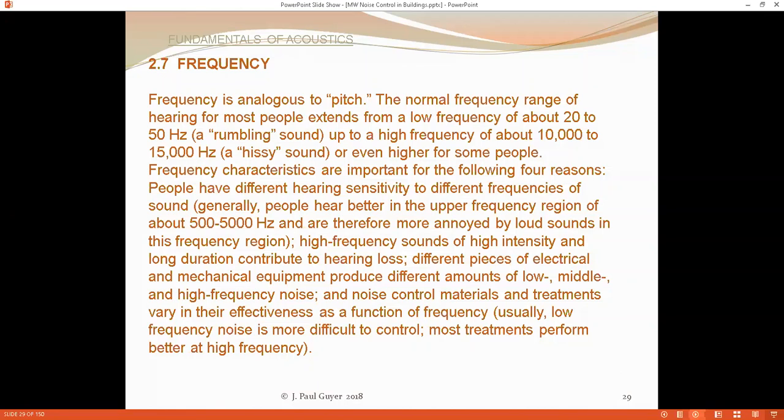Now, frequency is important here in noise control in buildings and in talking about what people perceive. The human ear perceives sound in the frequency range from around 50 hertz. 1 hertz is, of course, 1 cycle per second.